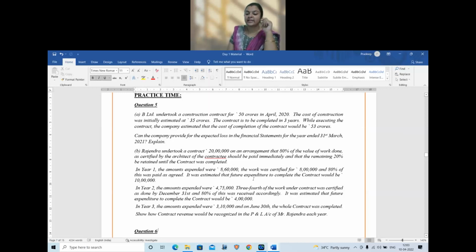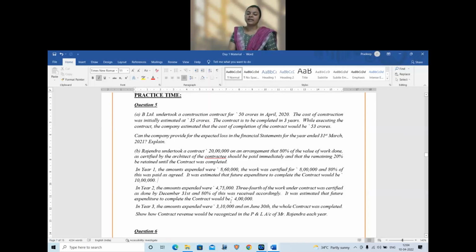It was estimated that future expenditure, so here it is further expenditure to complete the contract, will be 10 lakhs. Year 2, the amount expended was 4,75,000. 3/4 of the work under the contract was certified as done by 31st December and 80% was received.